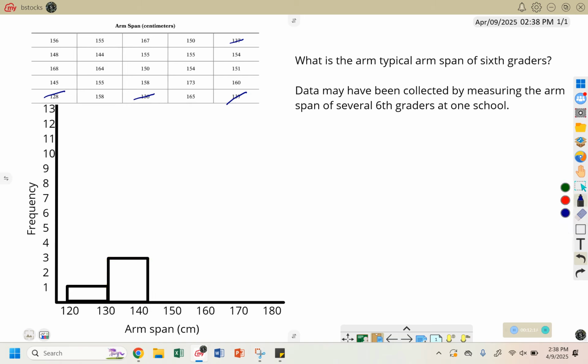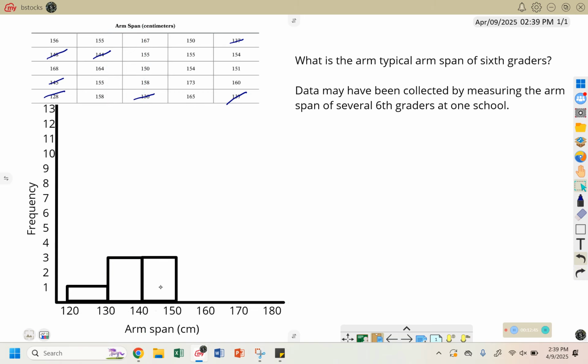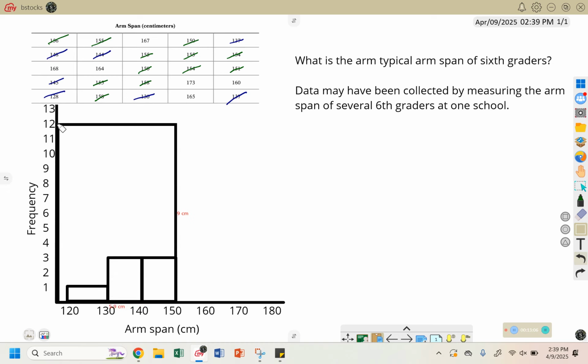Then from 140 to 150, again 3. Then from 150 to 160, 1, 2, 3, 4, 5, 6, 7, 8, 9, 10, 11, 12. So up to the 12 line.